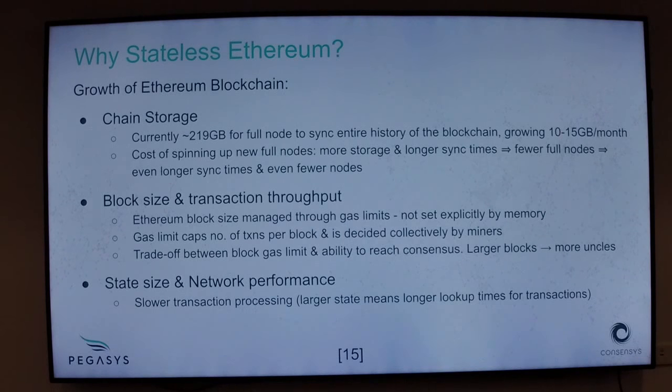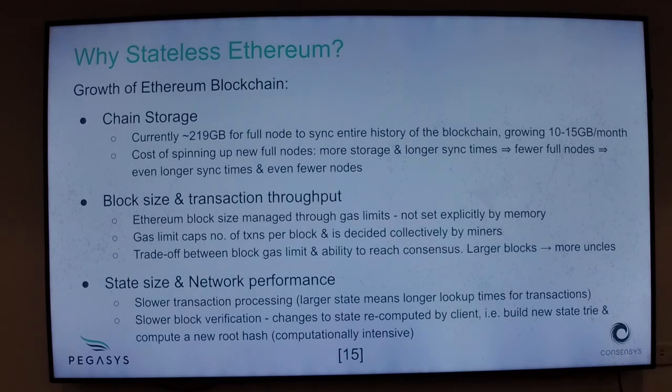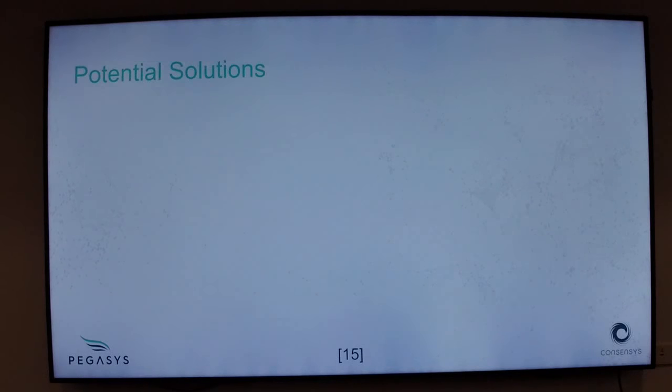And if that state tree is on a database, then you've got a database lookup in there as well, so that also is going to affect network performance. If there's a new block that has to be verified, then the client has to recompute those state changes. That means they've got to build a new state tree and compute a new root hash, and that is computationally pretty intensive. So those are the reasons why we're looking at stateless Ethereum.